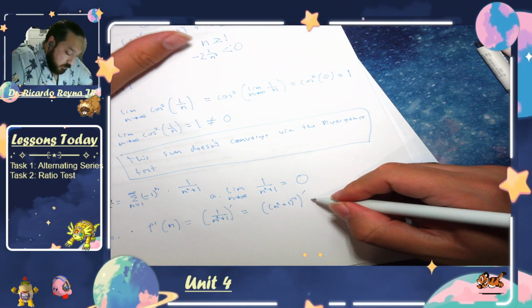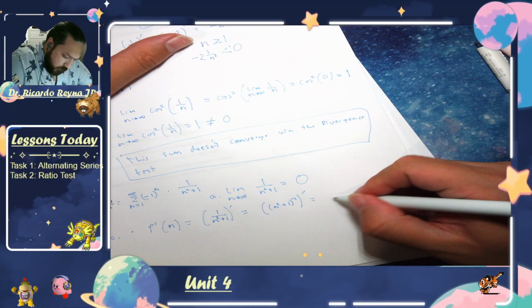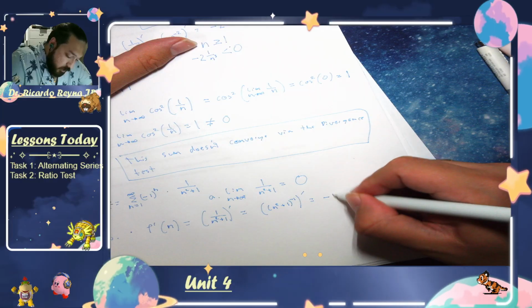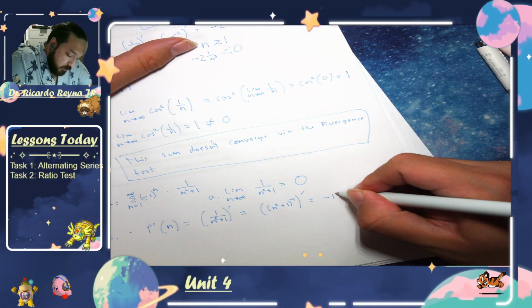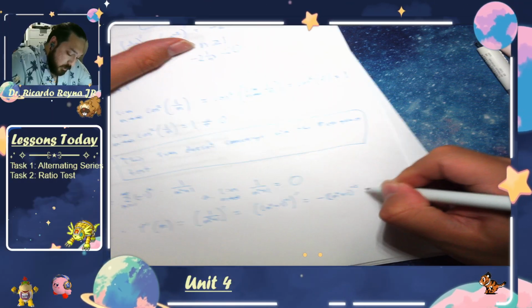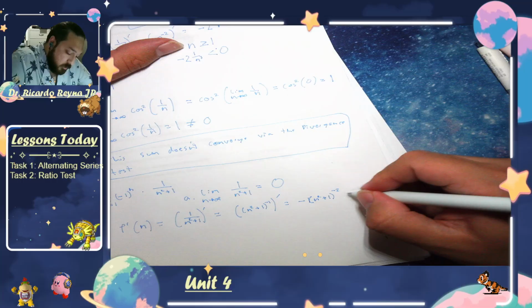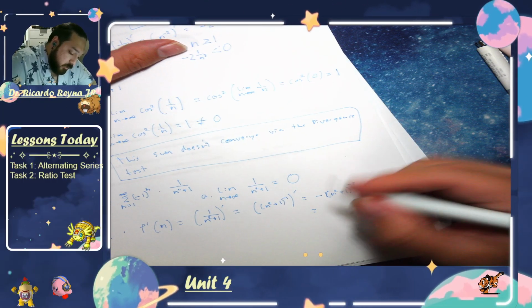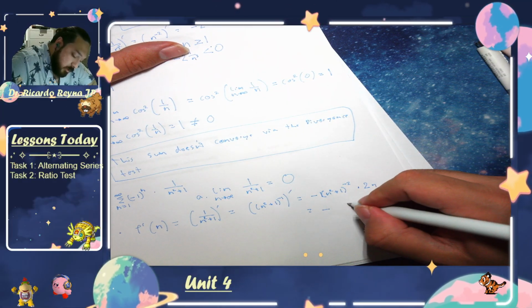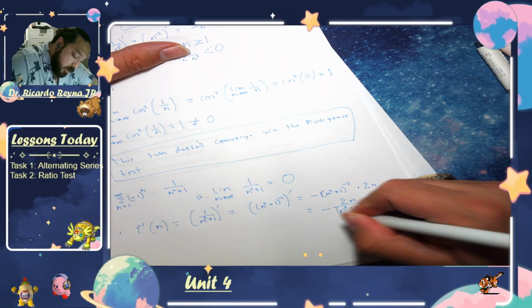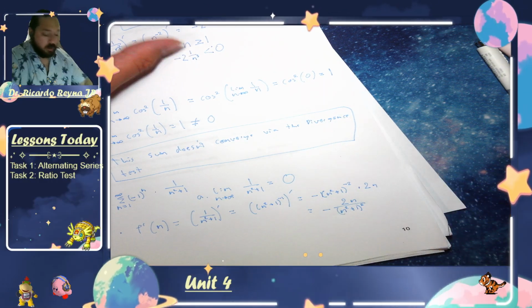So that's going to be negative, n squared plus 1 to the power -2, times the derivative of what's inside, so 2n. That can be rewritten as -2n over n squared plus 1, all of which is squared.